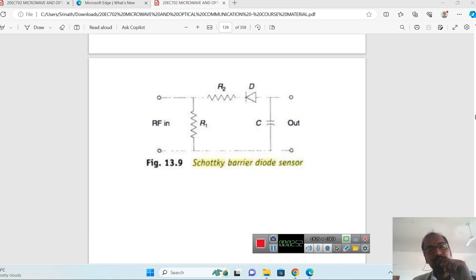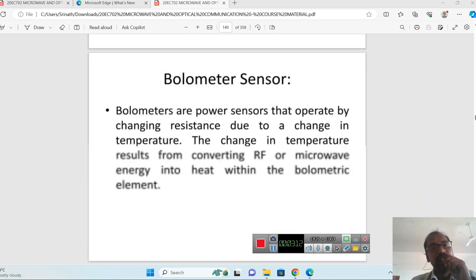When the RF input is applied in this circuit, the diode current varies due to the temperature. From the diode current variations, we can easily find the power level of the RF input.